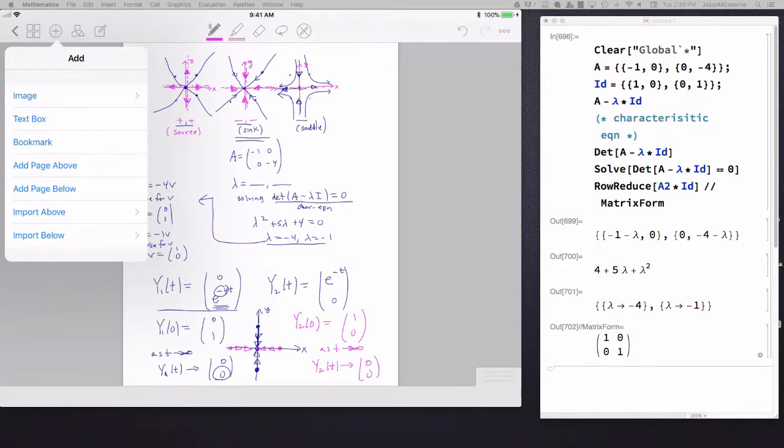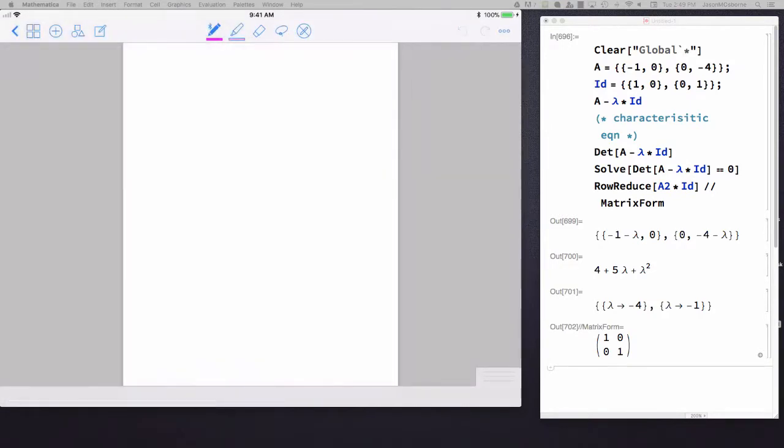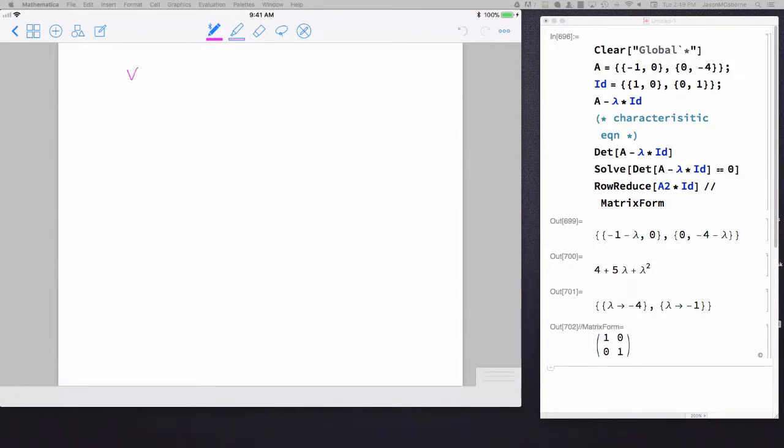If you continue on to find the initial condition, now you have y1 of t equal to 0, e to the negative 4t, and y2 of t is e to the negative t, 0.